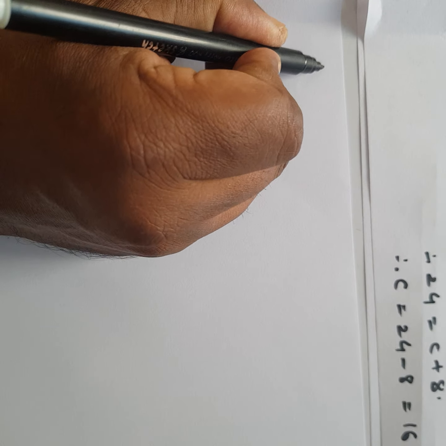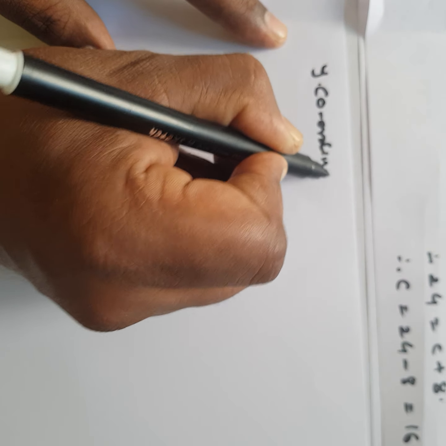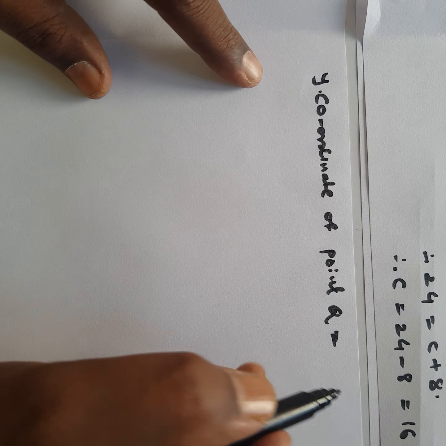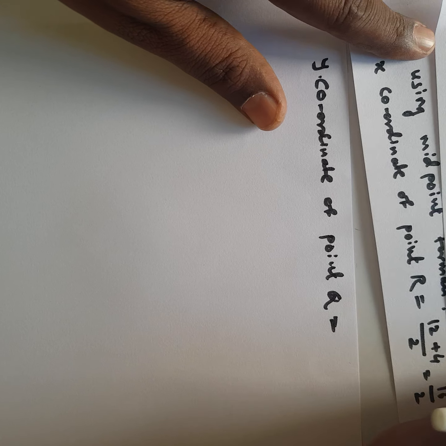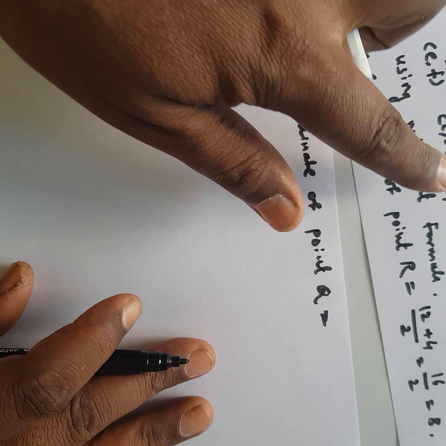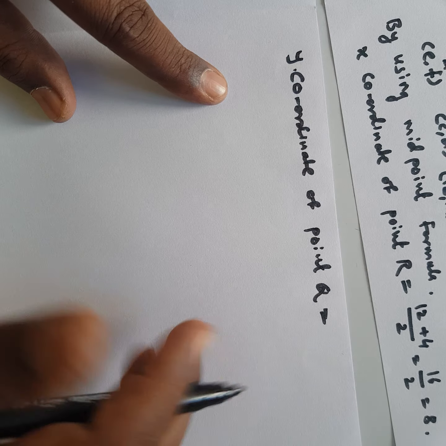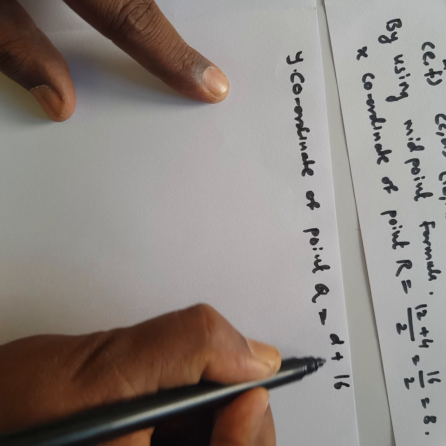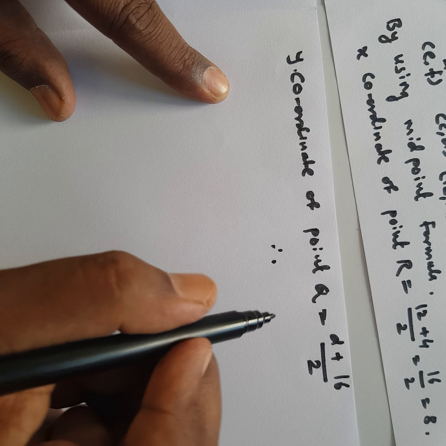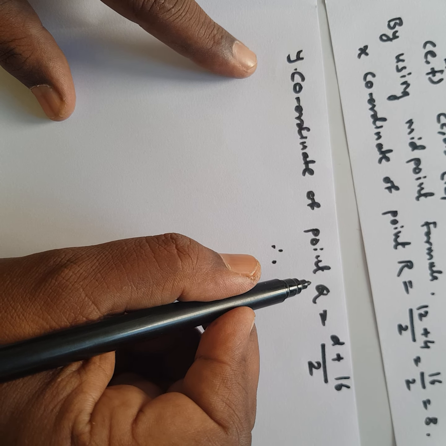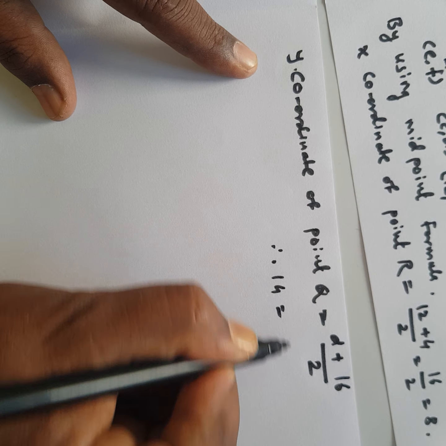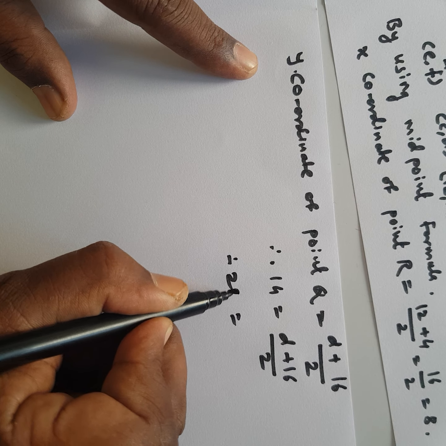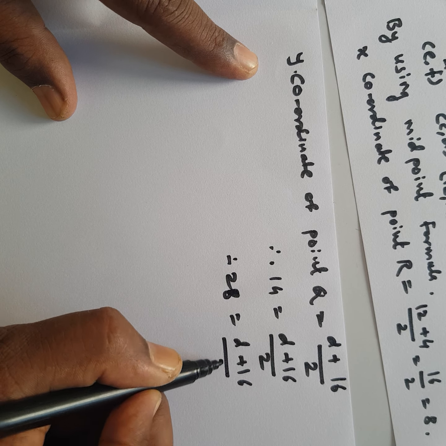Now the y coordinate of point Q is 14, equal to D plus the y coordinate of point R, which was 16, upon 2.